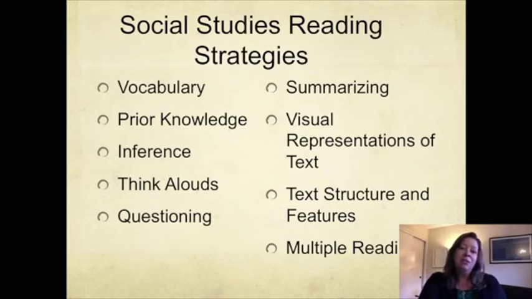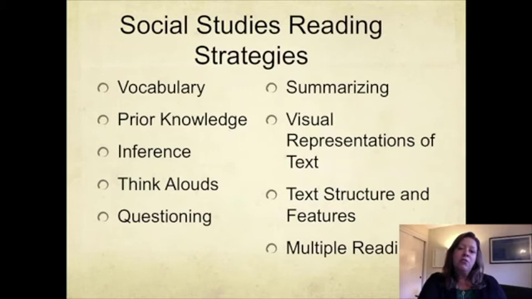In many cases at the lower levels, you're going to be working with students to simply identify and look just at the pictures, for example, to gain some content, and then moving students who are more advanced to actually looking at things like captions, headings, and then the actual text.